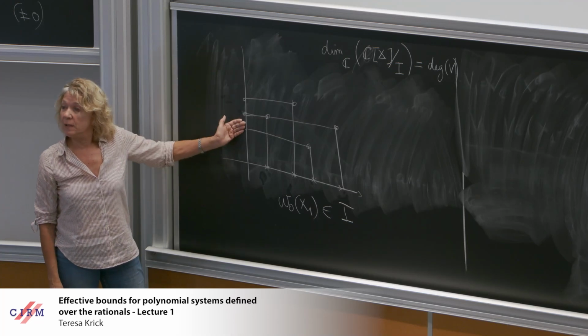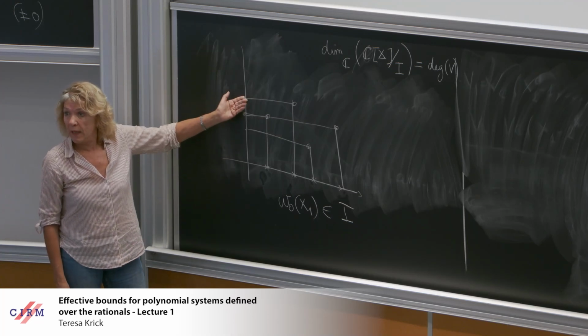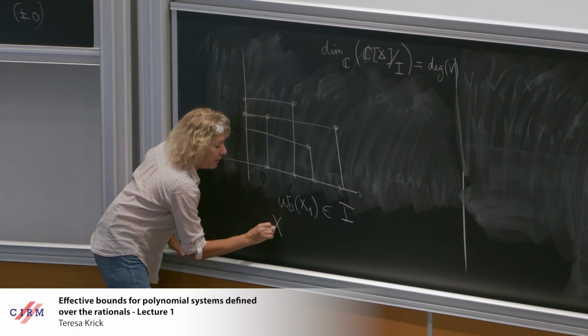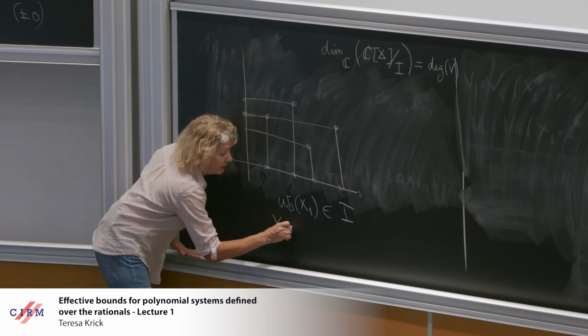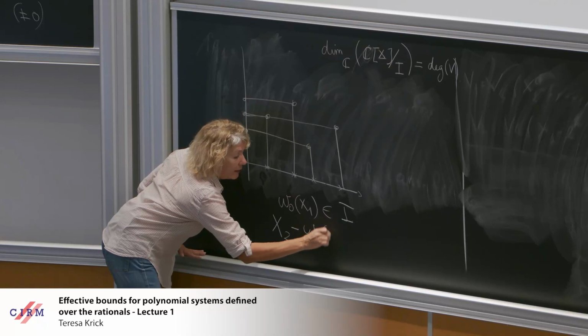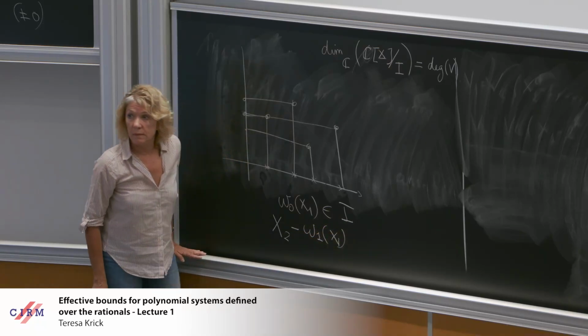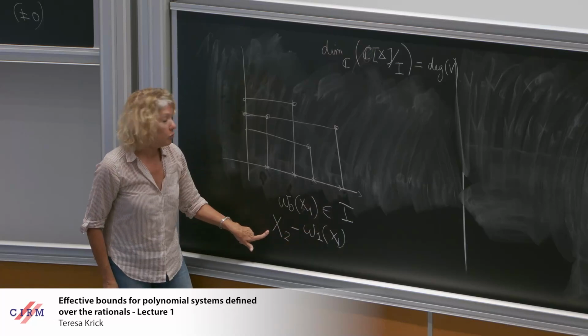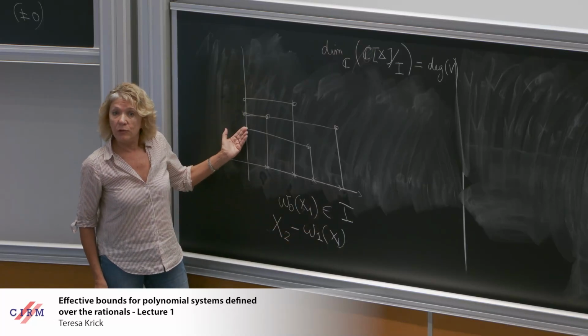So this is Lagrange interpolation. I can define a polynomial which takes the good values. So this will express my variable x2 in terms of x1. Every time x1 is one of the roots here, x2 takes the value it has to take.